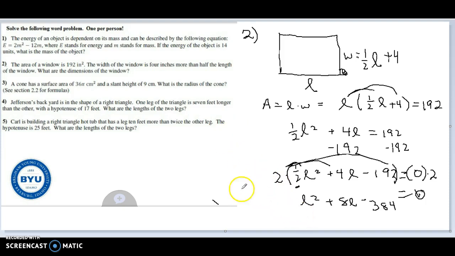So now we're going to try to factor this, and we're looking for two numbers that multiply together to be negative 384 and add together to be positive 8.